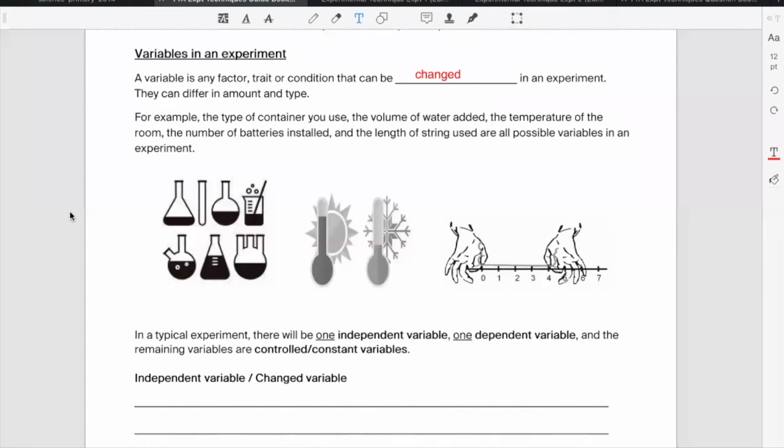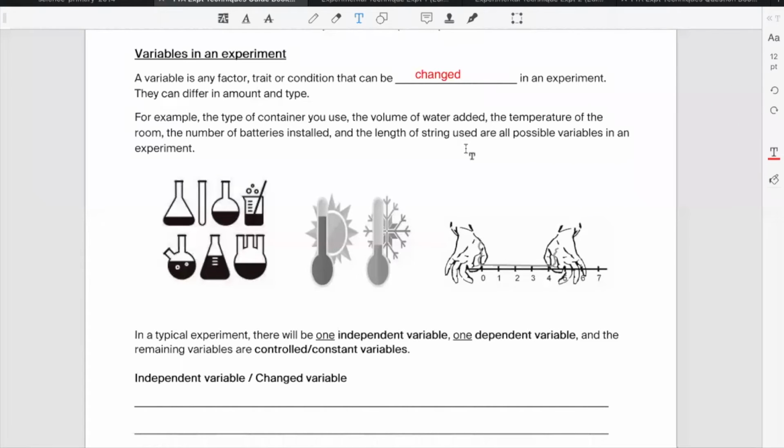Now, let's move on. What are these variables that can be changed? In any question, they ask you to identify the change variable or measured variable. Some of you in school might not use change variable or measured variable. They will use dependent variable and independent variable.